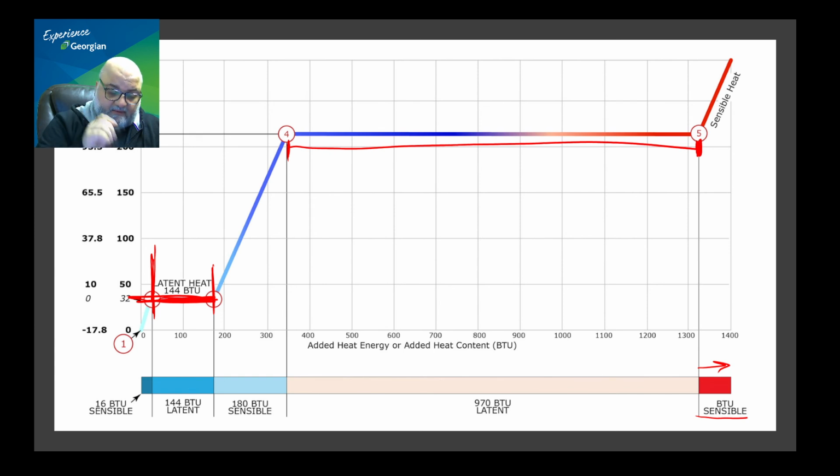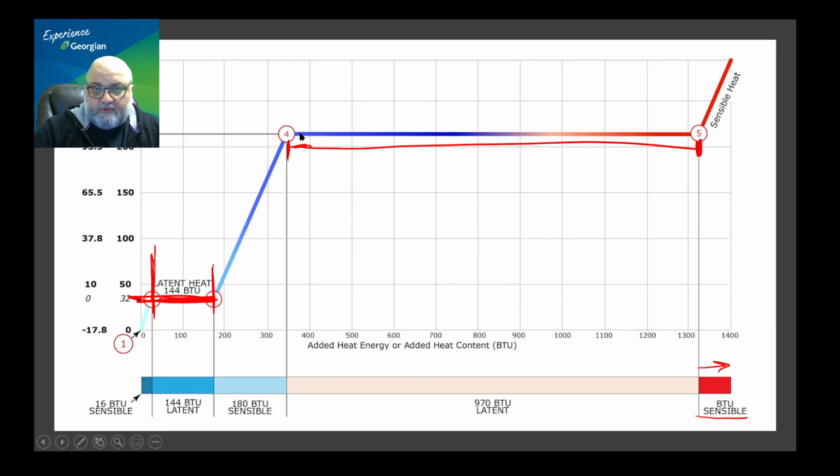So that horizontal line is either the melting line or the freezing line of 1 pound of water. And then the line between point 5 and point 4 is the line that we call vaporization or evaporation.